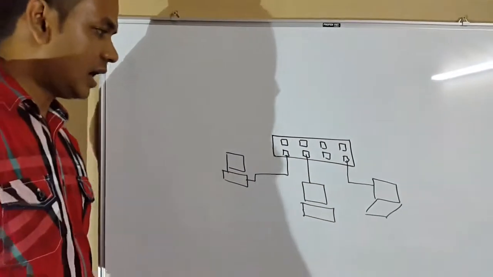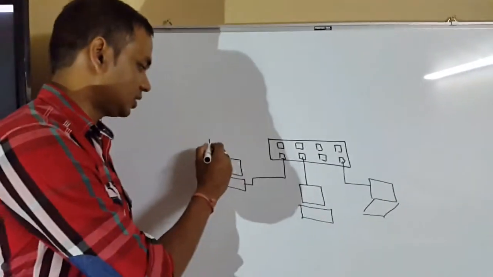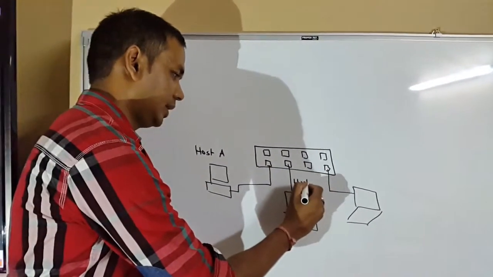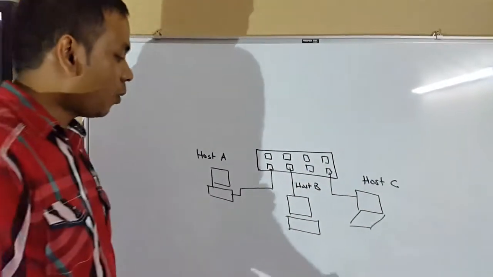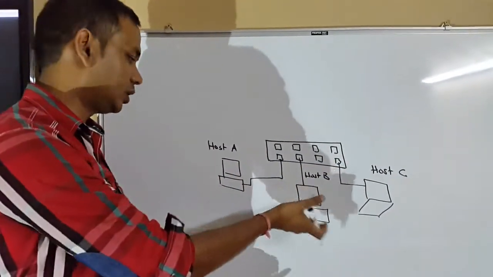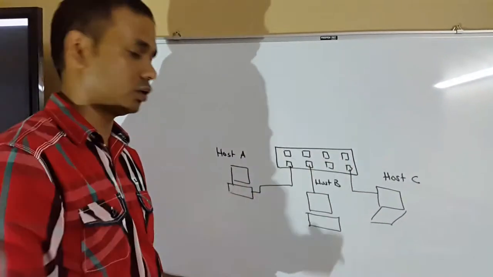So I have 3 hosts: host A, host B, and host C. I want host A to communicate with any host, host B to communicate with any host, and similarly host C to communicate with host A and host B.